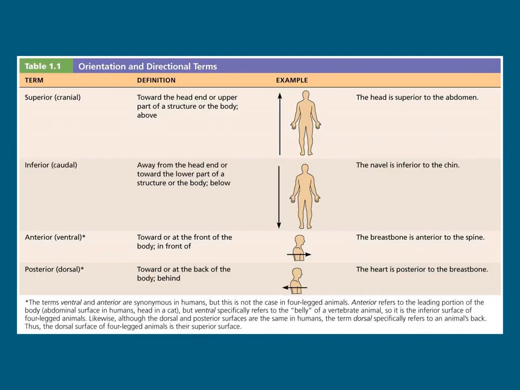I could also say your stomach is inferior to your neck. You'll notice that in parentheses there are other terms that are sometimes used, cranial versus caudal. These tend to be used more in like a general biology or zoology class when you're referring to other types of animals. Usually for humans, we'll be saying superior and inferior.